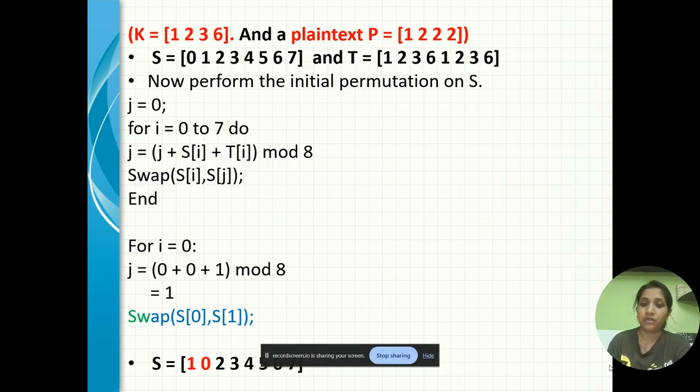J equals 0, for i equals 0 to 7: j equals (j plus S[i] plus T[i]) mod 8. Swap S[i] and S[j], and end. For i equals 0, j equals (0 plus 0 plus 1) mod 8. Swap S[0] and S[1].